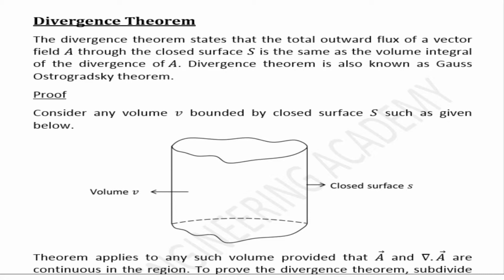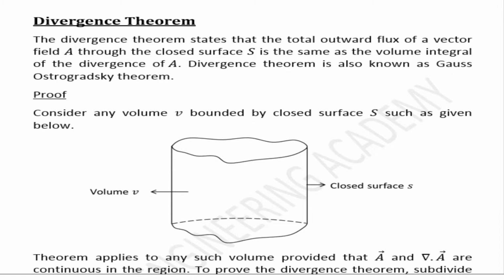So if we find the divergence of A and its volume integral, it will be equal to the total outward flux of the vector field A through the closed surface. And this particular divergence theorem is also known as the Gauss-Ostrogradsky theorem.